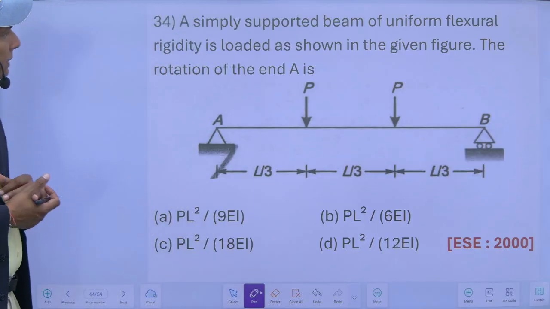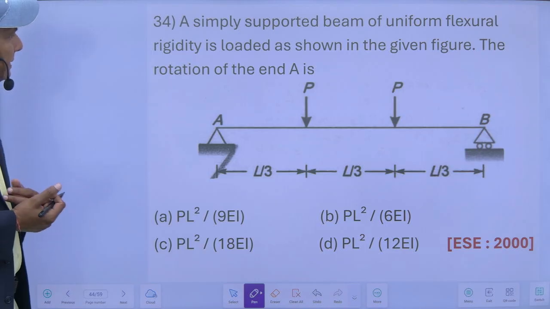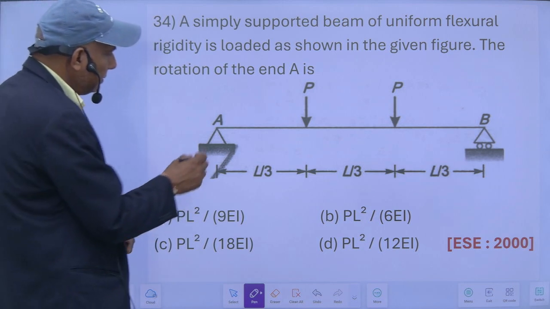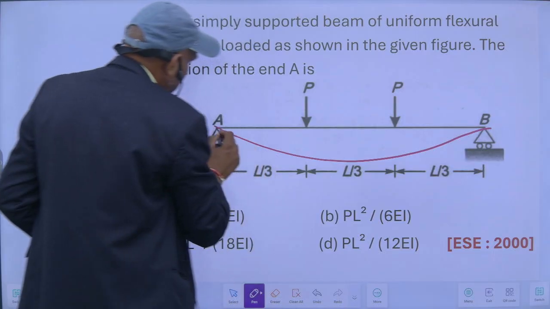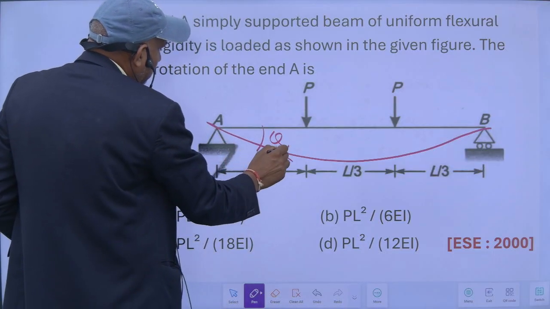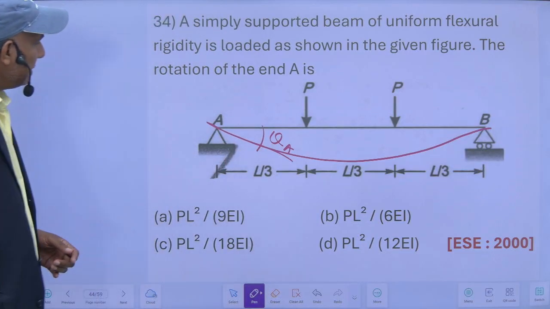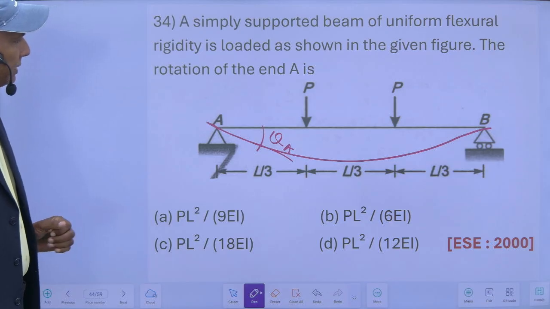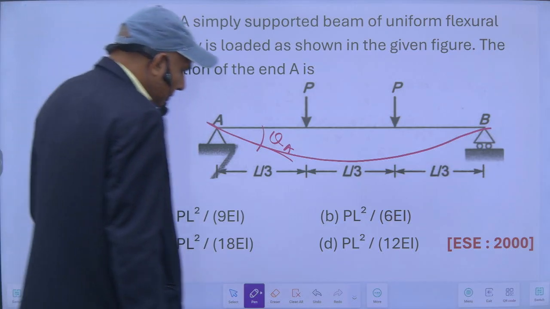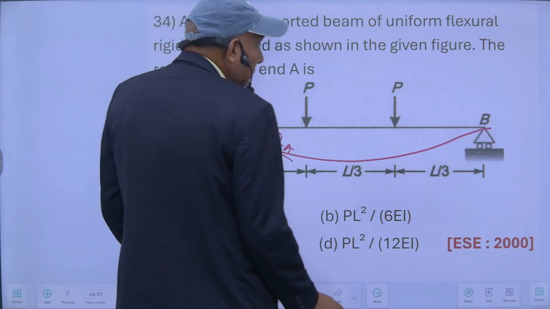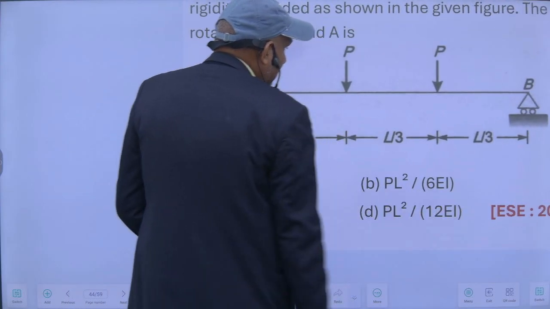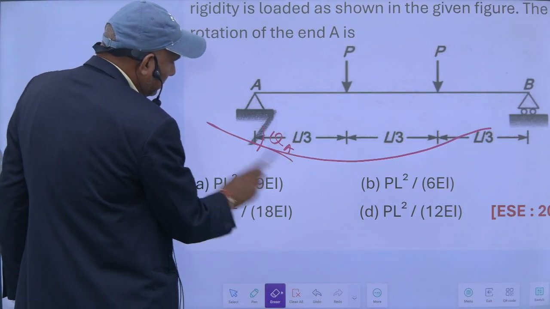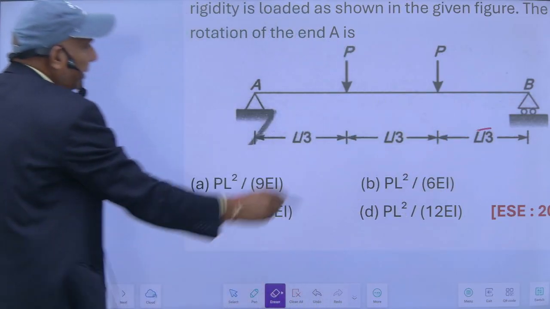A simply supported beam of uniform flexural rigidity is loaded as shown in the figure. The rotation at the end A. So in this case, I can use my conjugate beam method. The bending moment of this will be like this.